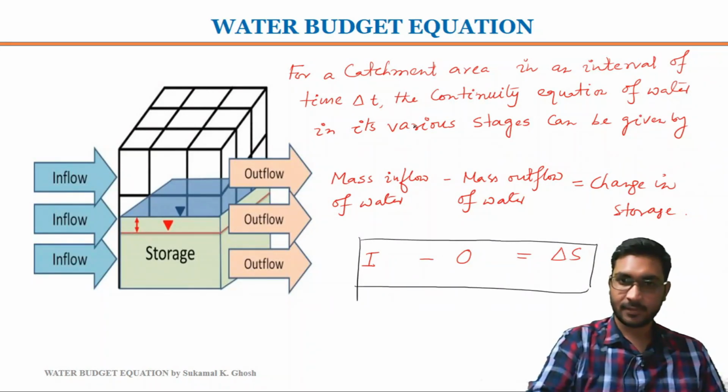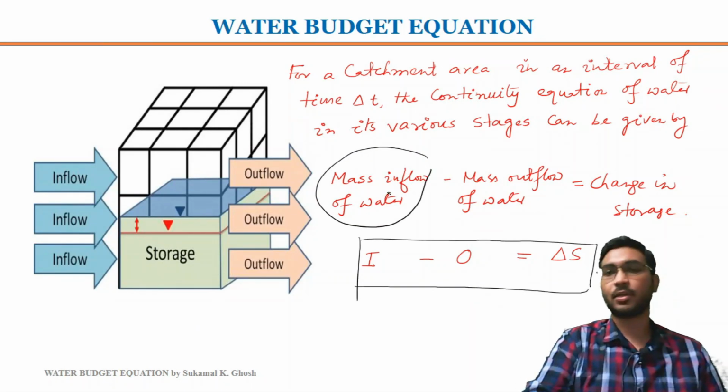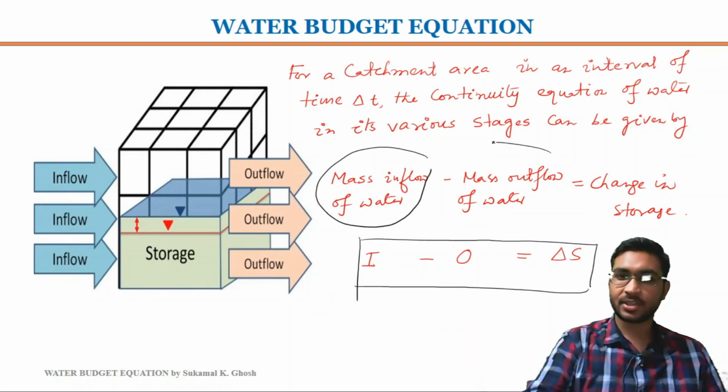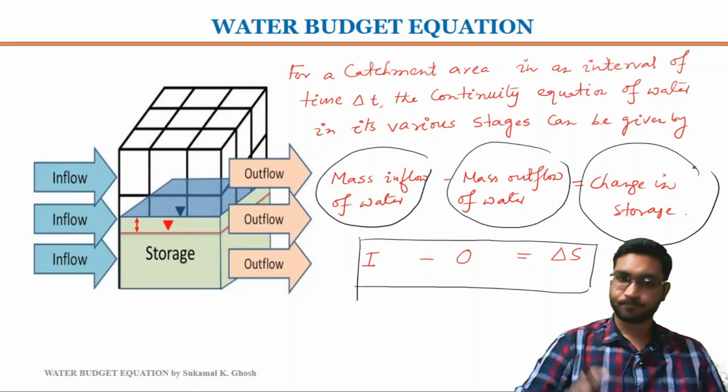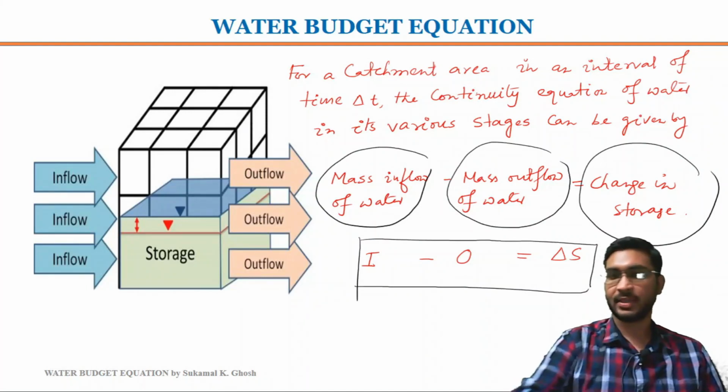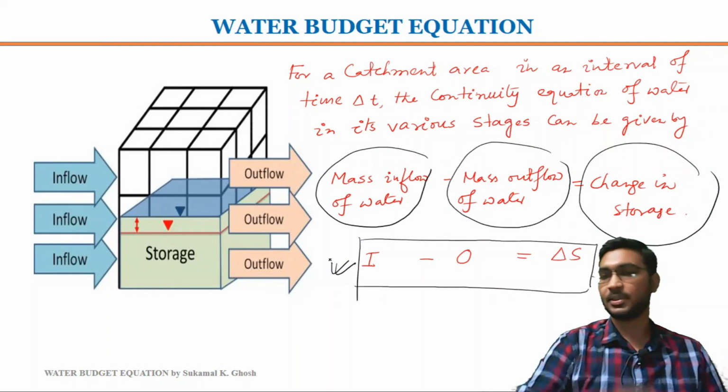Our monthly income is the mass inflow of water, the monthly expenditure is our mass outflow of water, and our saving is our storage. This is the fundamental form of the water budget equation, or you can say hydrological budget.